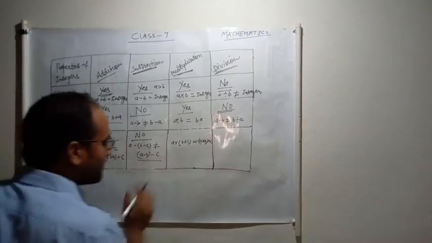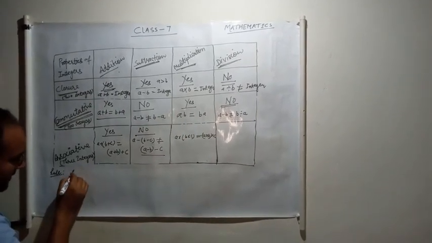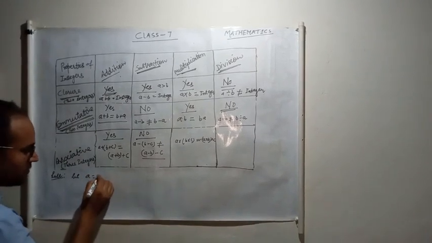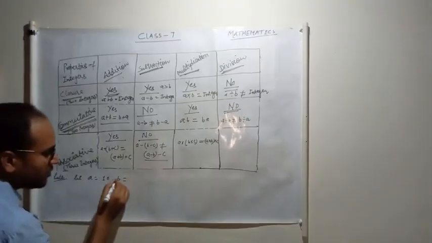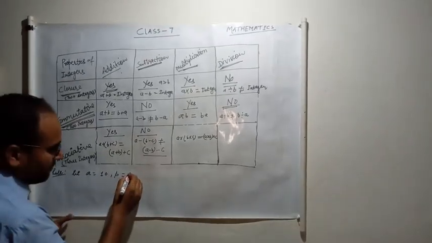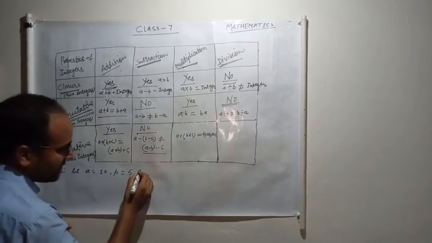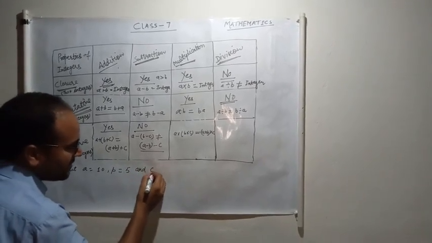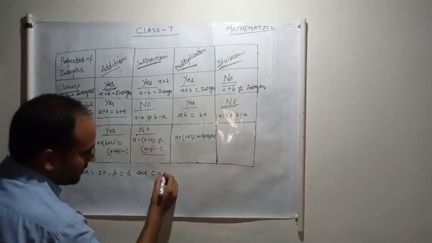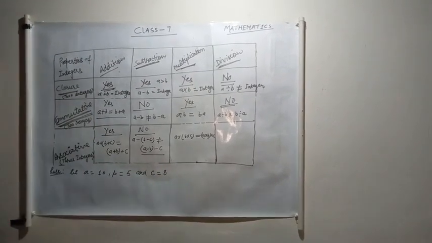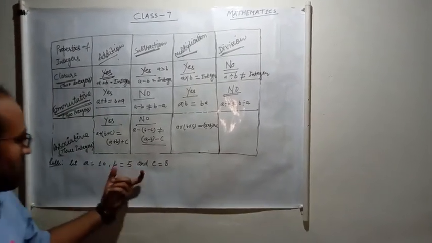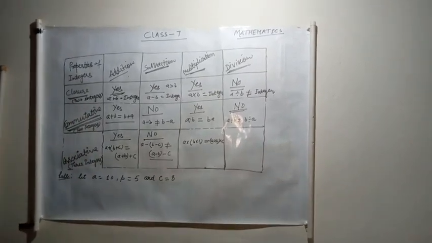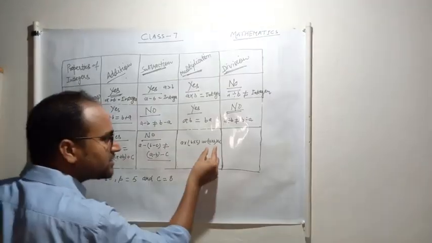So here let A is equal to 10, B is equal to 5 and C is equal to 8. We are going to check whether the left hand side is equal to the right hand side or not.